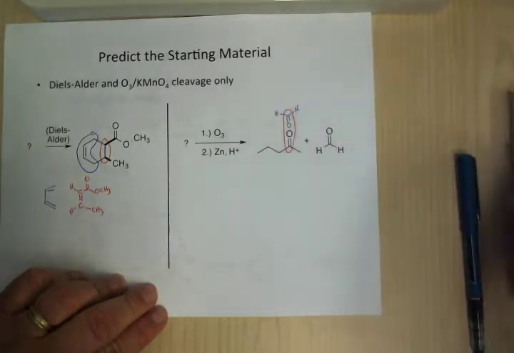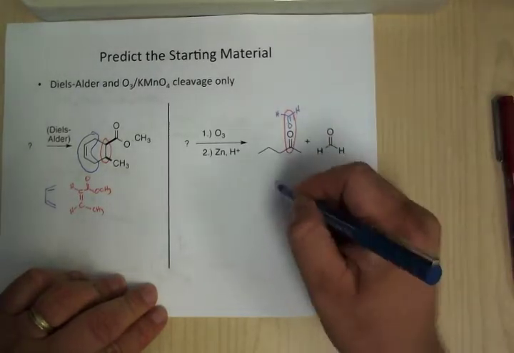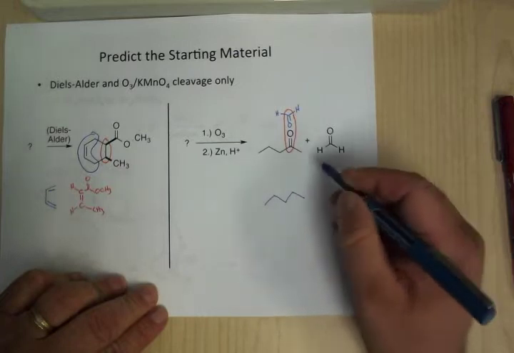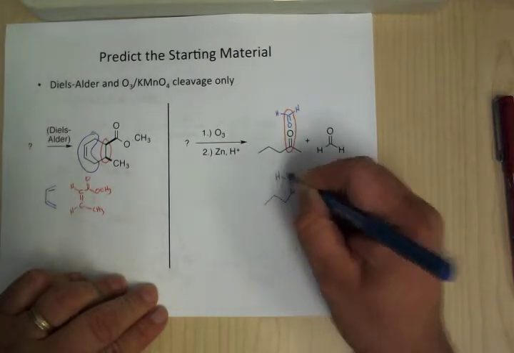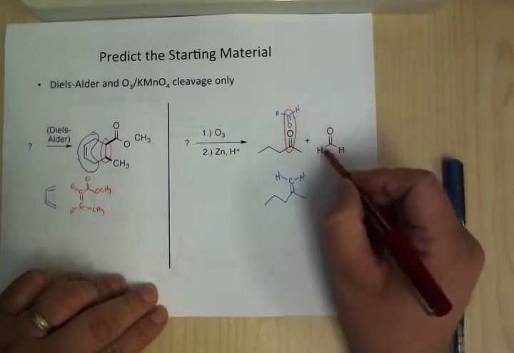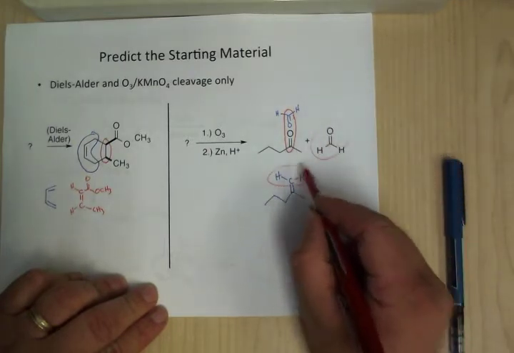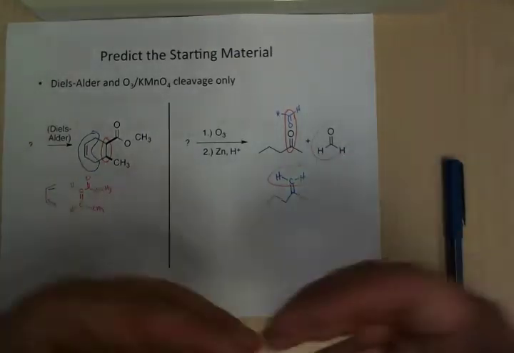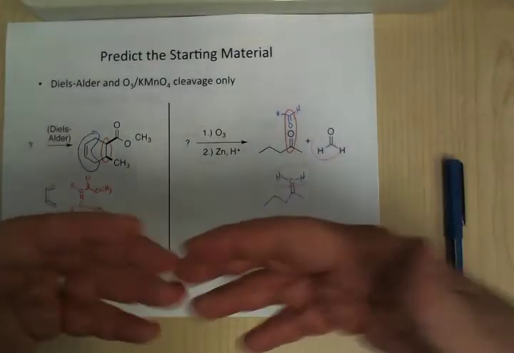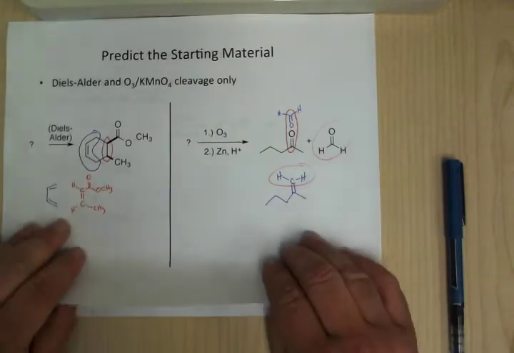So instead of putting the O's, you're going to make this into a carbon-carbon double bond. So it ends up like this, and this group here ends up being that group there. Put those two things together, where they come together, make that into a carbon-carbon bond.